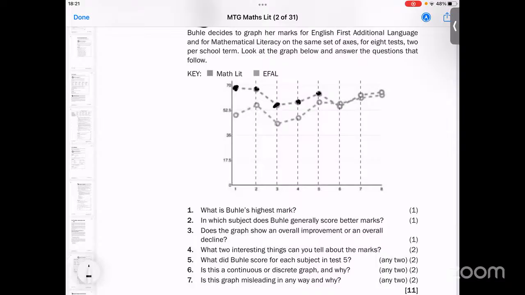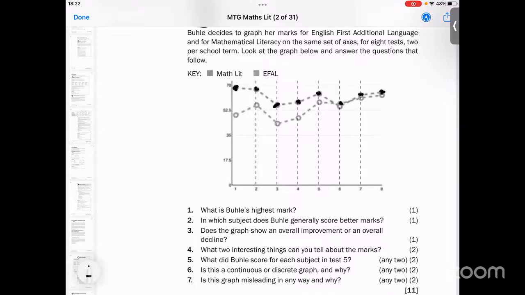And then what am I going to do here? Because here it's not clear in terms of which is which, but I'll just estimate there and do that. Something like that, and then do that there.